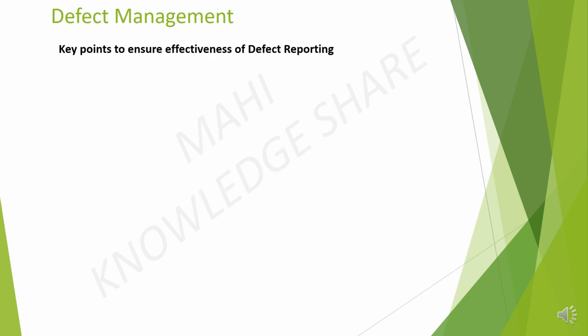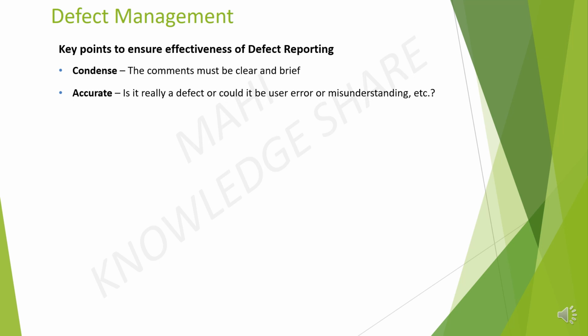Key points to ensure effectiveness of defect reporting. Condense. The comments must be very clear and brief in the report. Accurate. The report should confirm that the raised defect is really a defect, and not a user error or misunderstanding, etc. Neutralize.